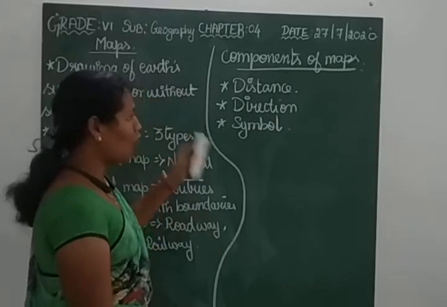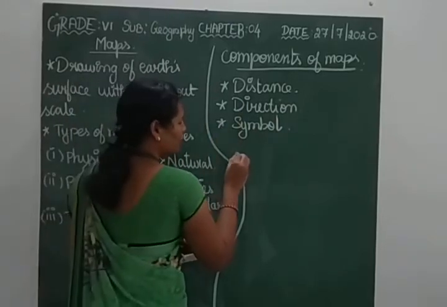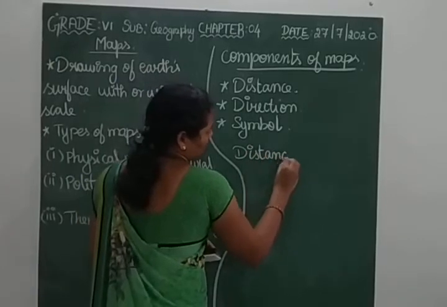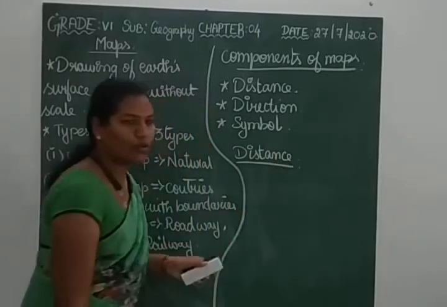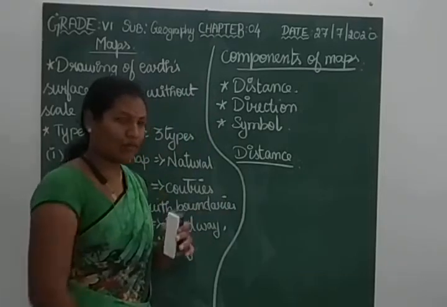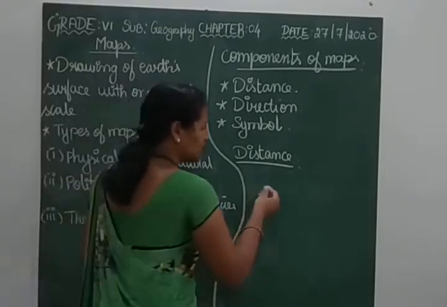Yes, children, these are the components of map. First, we can go with the distance. What is distance? We all know it is the space from the place where we are to the place where we want to reach. Right? The distance.